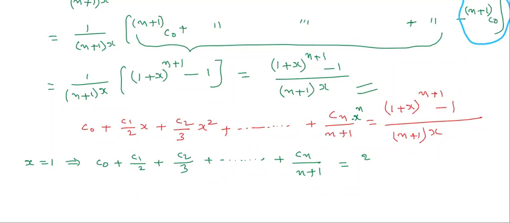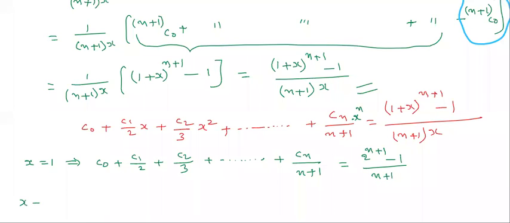What happened? That is (2 power n plus 1 minus 1) by n plus 1. Sorry, this is the denominator n plus 1.